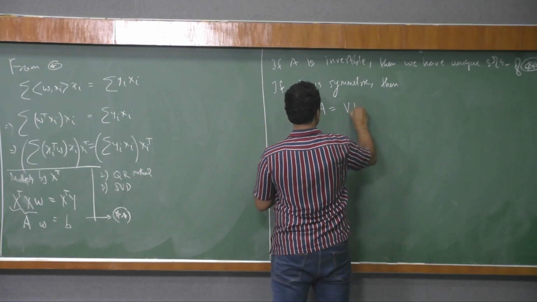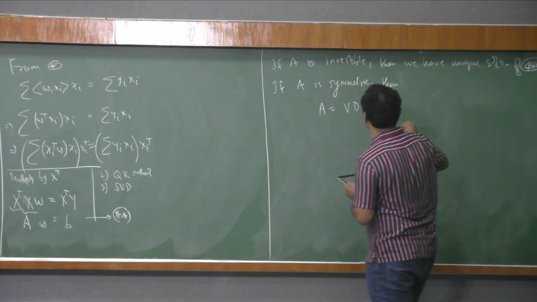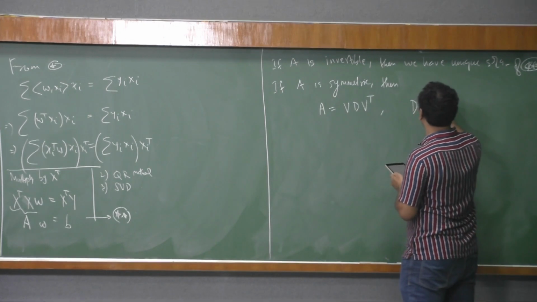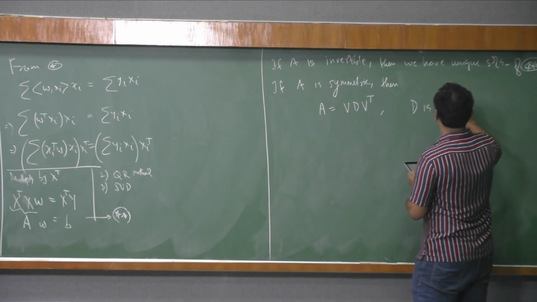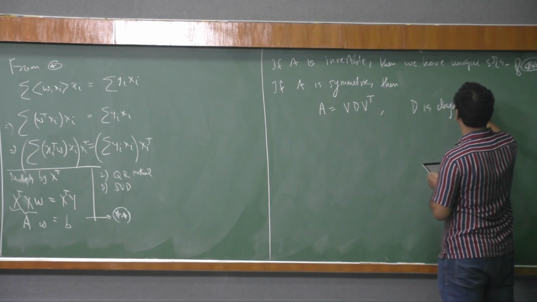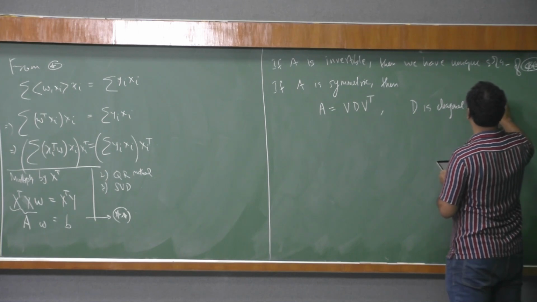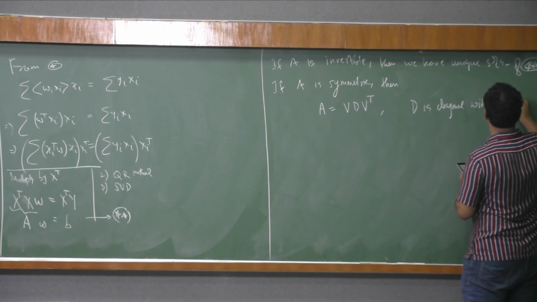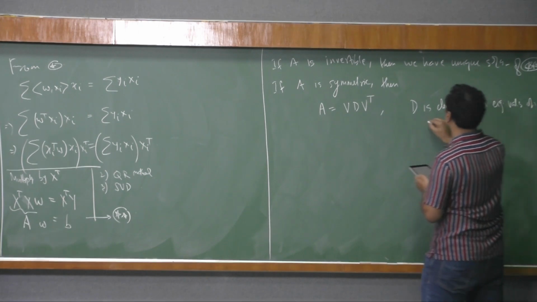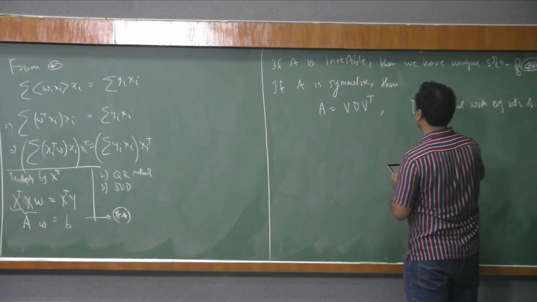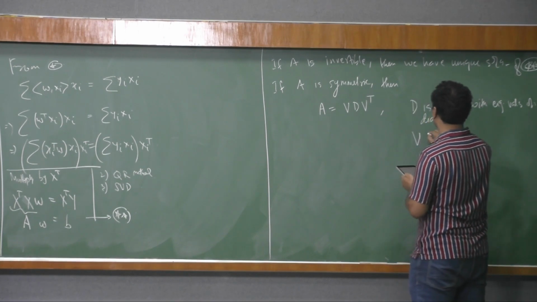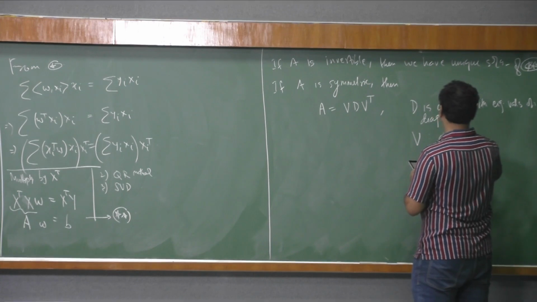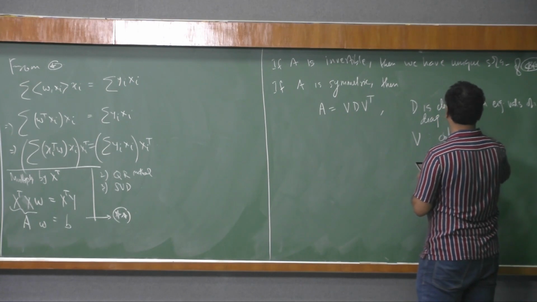So then A is V D V transpose, where D is diagonal with eigenvalues on the diagonal, and V is the eigenvector matrix, where the columns are eigenvectors.